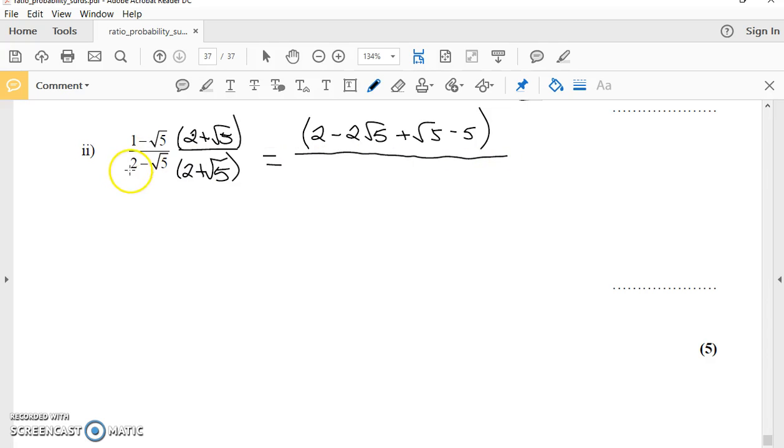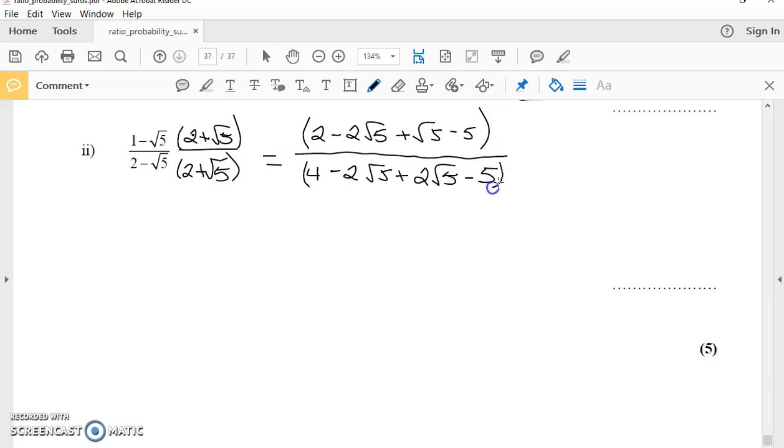My denominator, 2 times 2 gives me 4, minus 2 root 5 on the inside, plus 2 root 5 on the outside, and then minus root 5 times plus root 5 gives me minus 5.